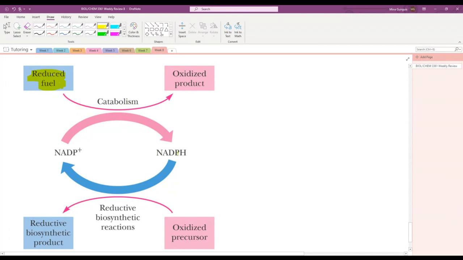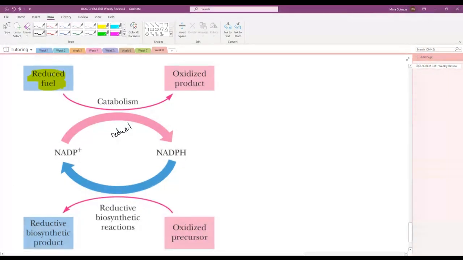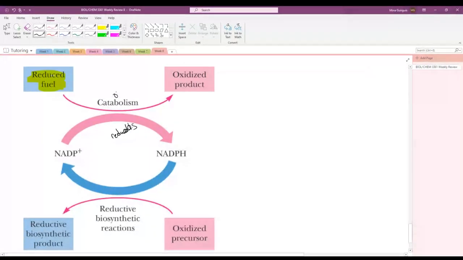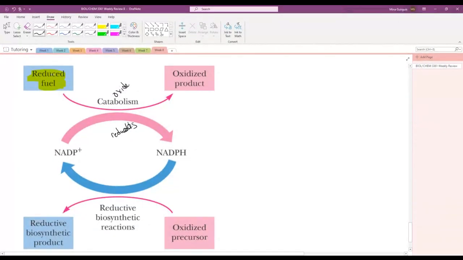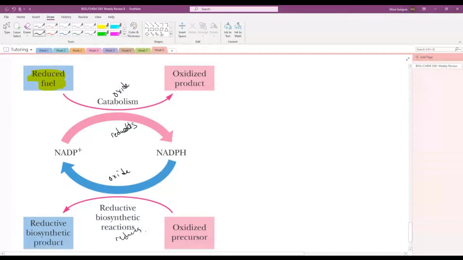Catabolism forms our NADPH, and in doing so, it reduces NADP plus, in order to oxidize our fuel into the product. Likewise, as we're building stuff up, biosynthetic reactions oxidize our NADPH, which reduces our product.